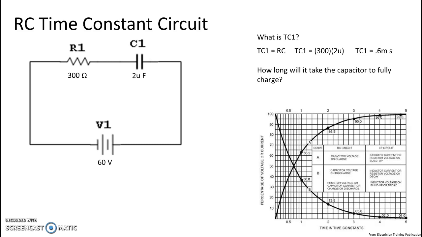What's happening here is you gain or lose 63% at each time constant. So at the first time constant, if you are charging, you would have 63% of total voltage. At your second time constant, you would have that original 63% plus an additional 63% of what remains, which gives you that 86% that you see at time constant 2.